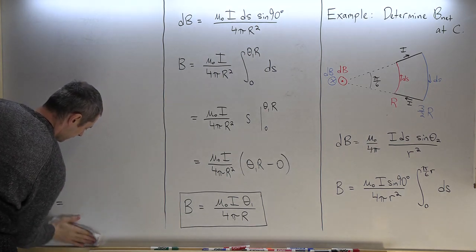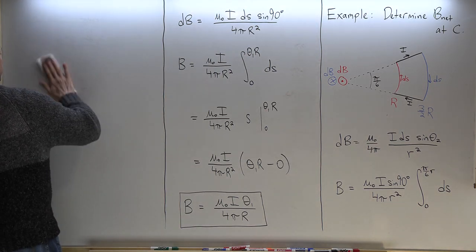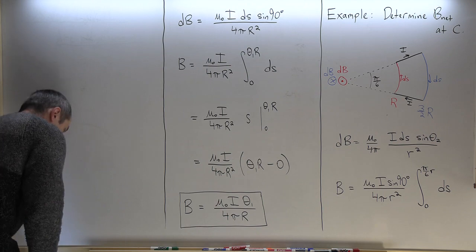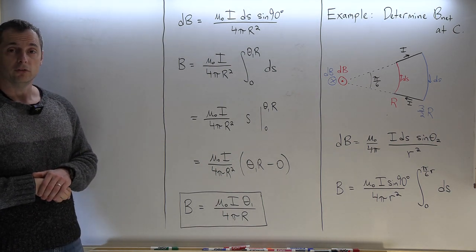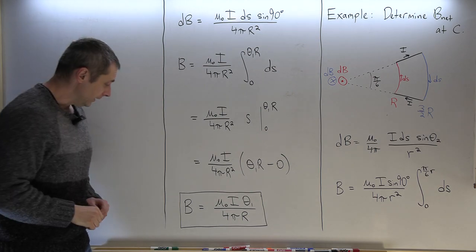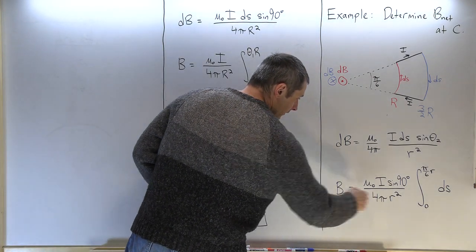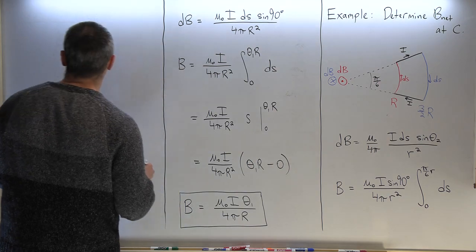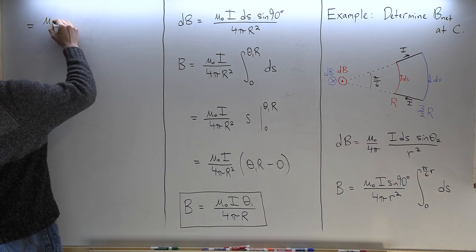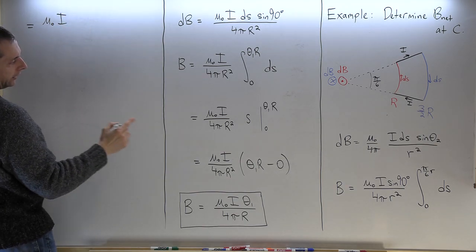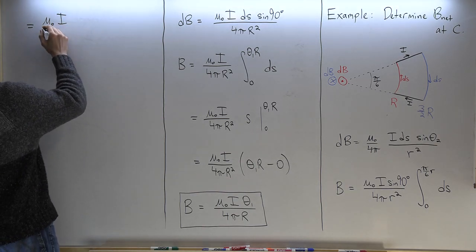All right, so if you need a moment to catch up, I'll create a pause so you could copy these notes down. All right, let's move on. So the integral, once again, just integrates to s. The sine 90 is just 1.